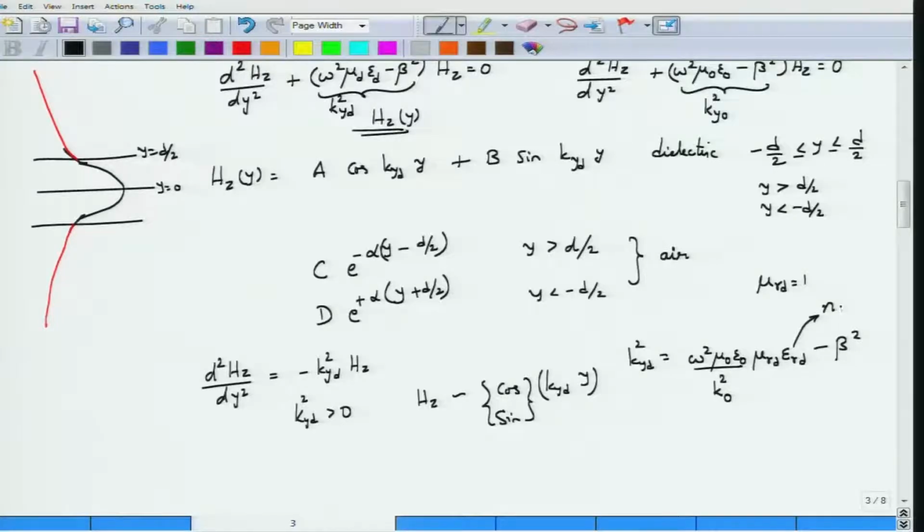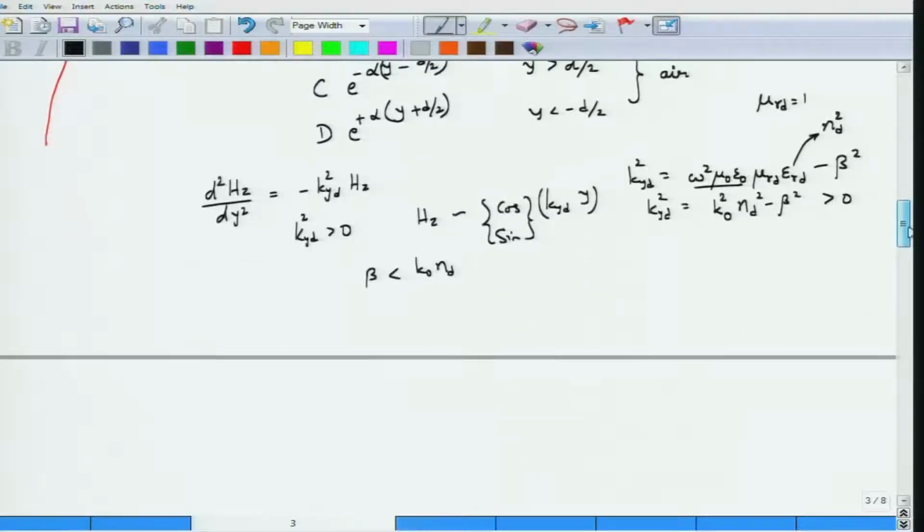Therefore I can consider this as nd square, nd standing for refractive index of the medium. Okay, so I have k0 square nd square minus beta square. This is your propagation constant ky d square inside the dielectric region, and this has to be greater than 0, which means that beta must be less than k0 nd. This is the first condition.